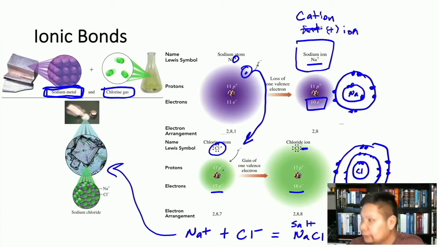And in the case of chloride, which is the chlorine ion, right? It gained an electron from what used to be neutral.